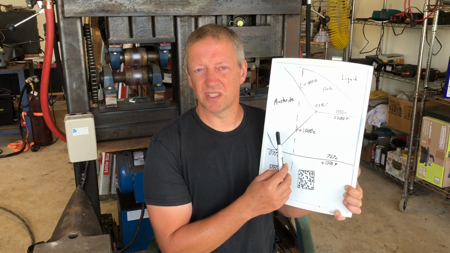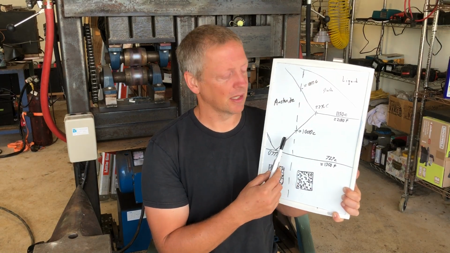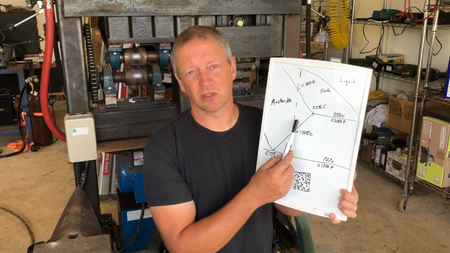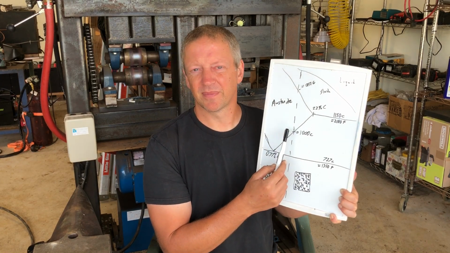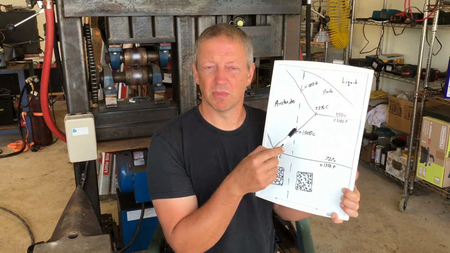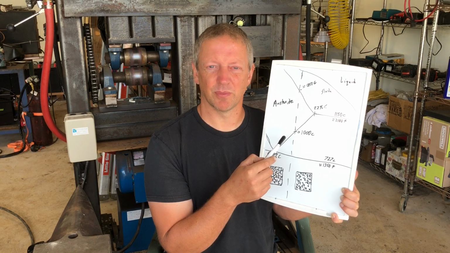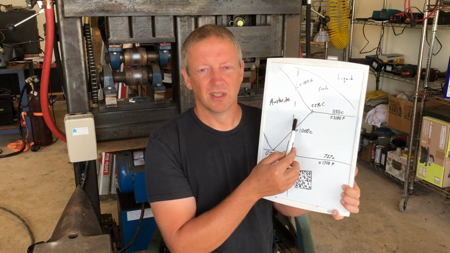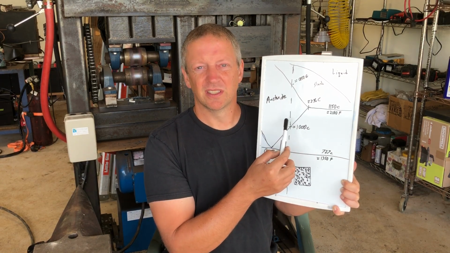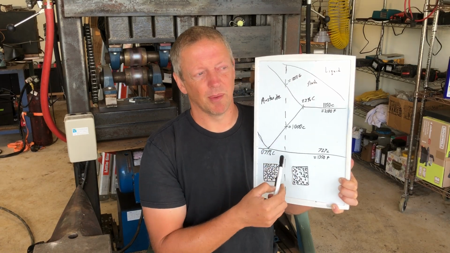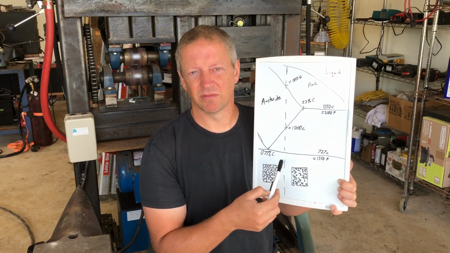So some of the old steels that had high sulfur content, you could not cross the ACM line and forge. You could cross it, but you couldn't forge at that temperature. So you could have gone above, and then dropped back and started forging.